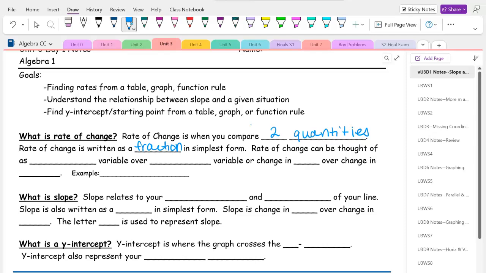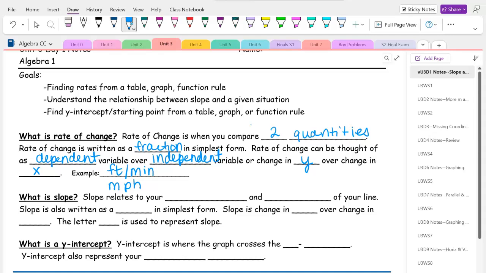Rate of change can be thought of as the dependent variable over the independent variable, or as change in y over change in x. So, for example, you might see something like feet per minute or miles per hour, and that would be an example of a rate of change.